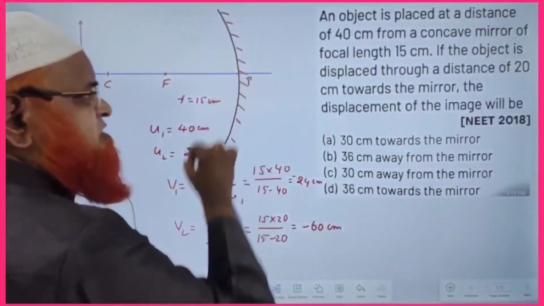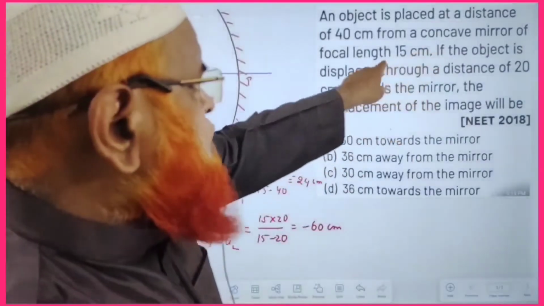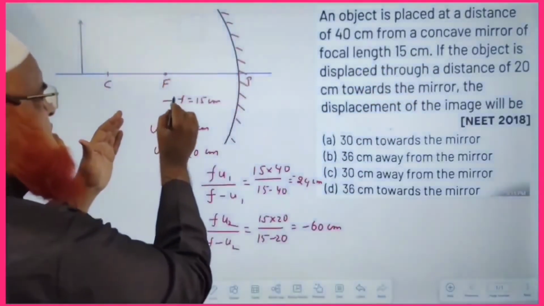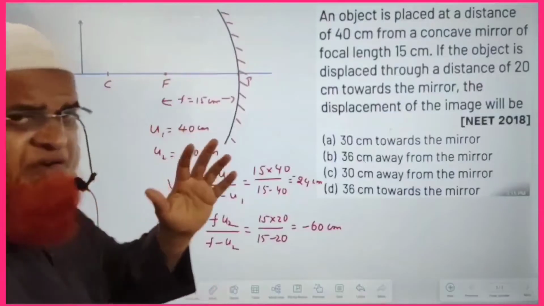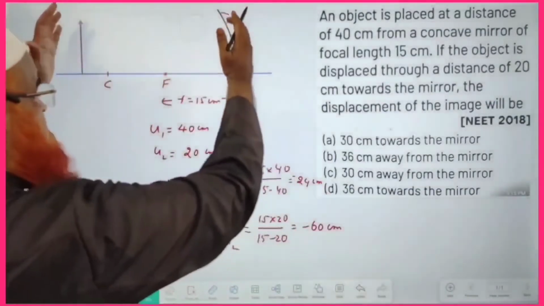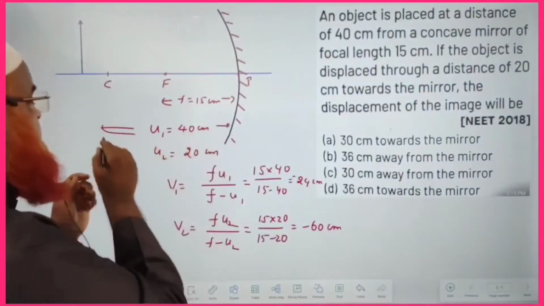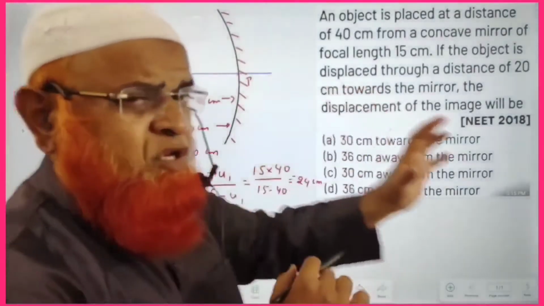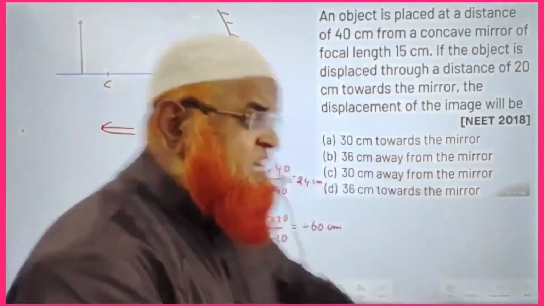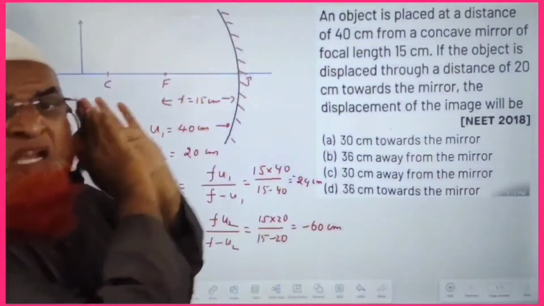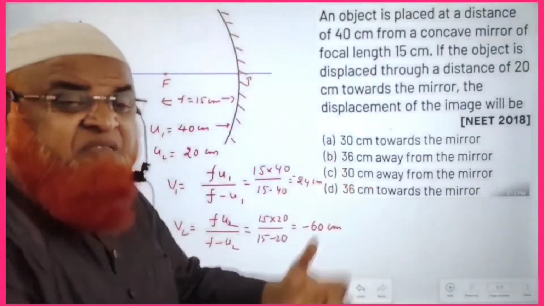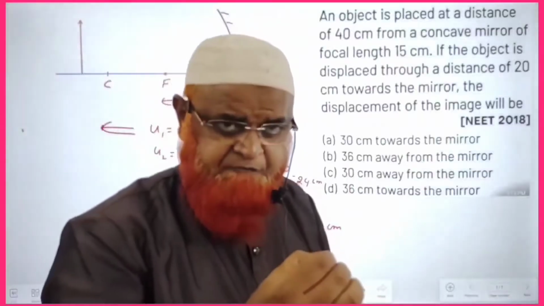This is going to be the pole of the mirror. And here, the focal length of the mirror is just 15 centimeters. Now, this is the object distance which is taken as U1, which is 40 centimeters here. Slowly, the problem says the object has been shifted toward the mirror. Then what happens to the image?